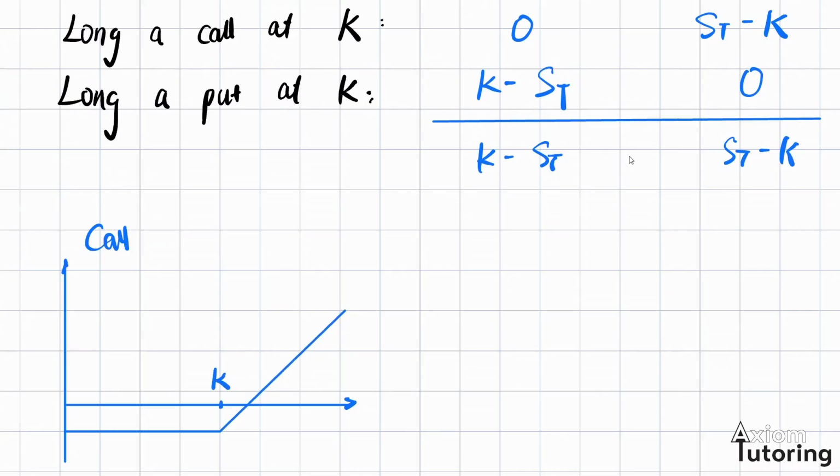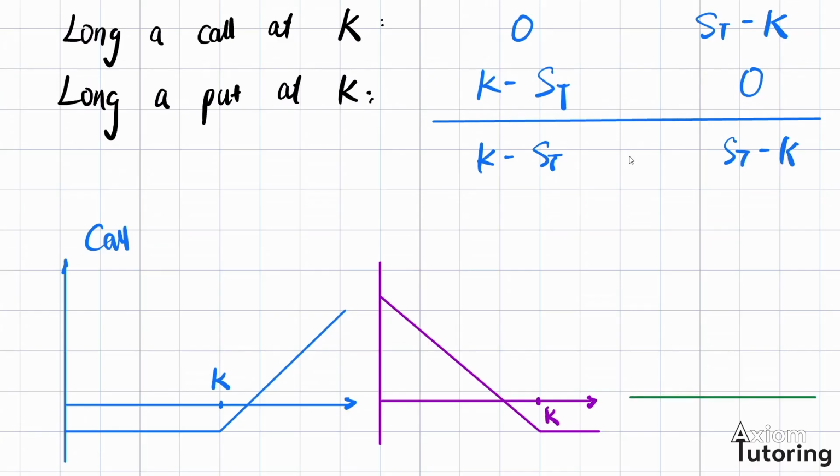Let's draw the put option's payoff as well, side by side. This will be K over here, and it's going to cost us some money, so we'll extend it a little bit here. Let's combine these two together and see what we would get for the straddle. This will be the overall payoff of a straddle.